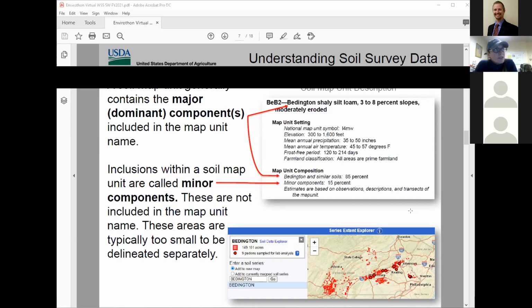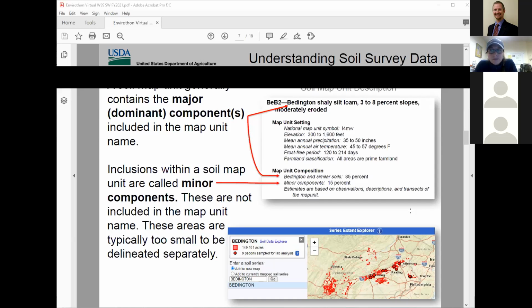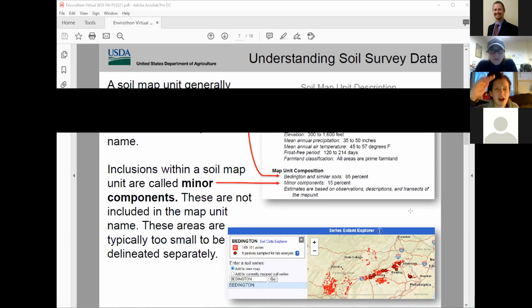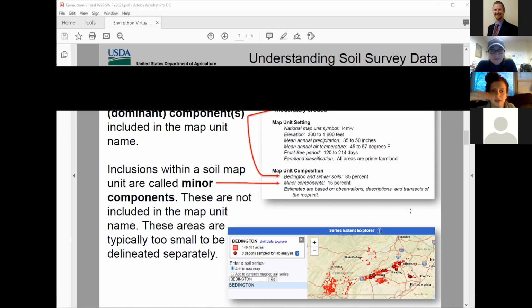It also lists... Hi, not to keep doing this. I can't hear you. There's a black bar going up and down your slide.